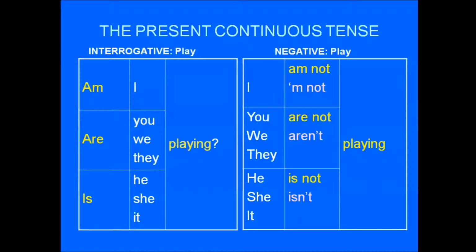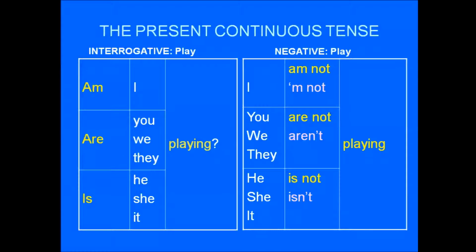You can say I am not playing, you are not or you aren't playing, they are not or they aren't playing, and he, she, it is not playing. Again, in order to make the question form, you put to be, am, is, are at the beginning of the sentence, followed by the subject and verb plus ing.